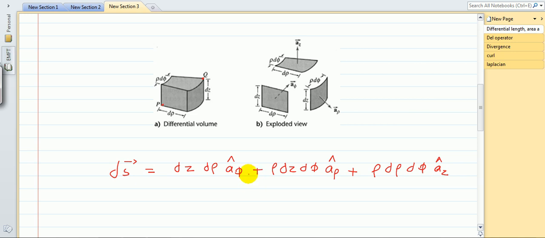So the differential surface vector in the cylindrical coordinate system is dz d rho a phi cap, plus rho dz d phi a rho cap, plus rho d phi d rho az cap. We can also find the differential volume, which is rho d rho d phi dz. This is the differential volume for the cylindrical coordinate system.